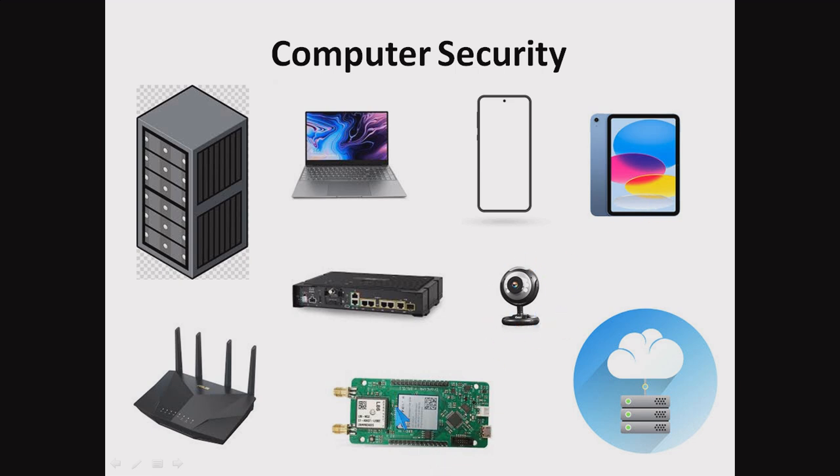And then you have cloud-based storage or computing resources, residential routers, or the bigger monster routers made by Cisco and so on, the industrial-grade routers is what I mean to say. All of these devices come into the gambit of computer security.